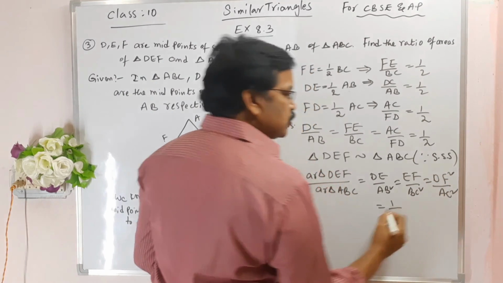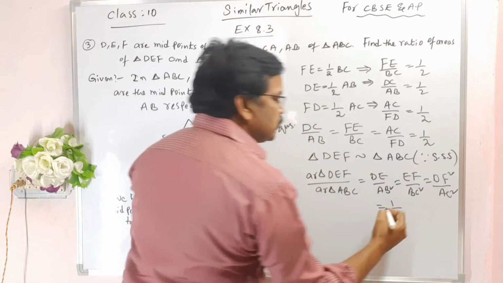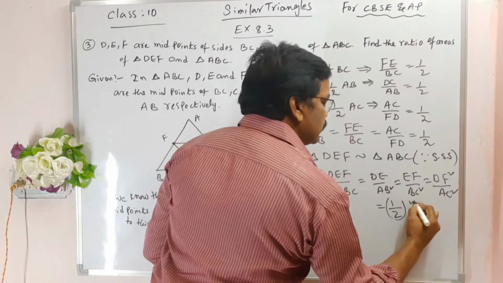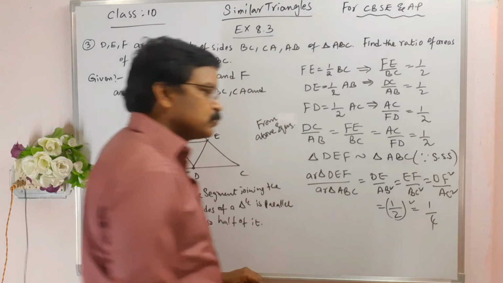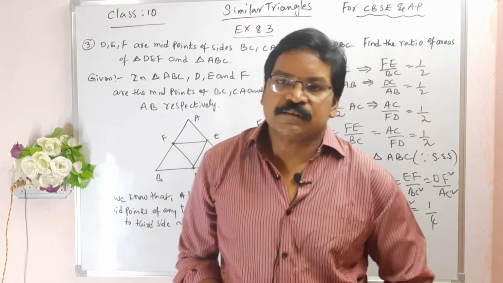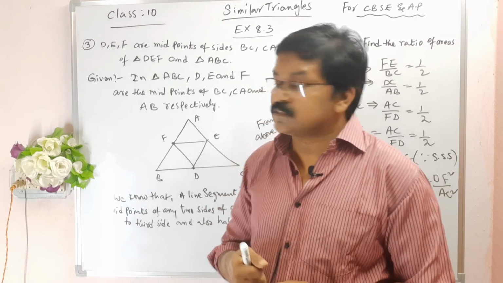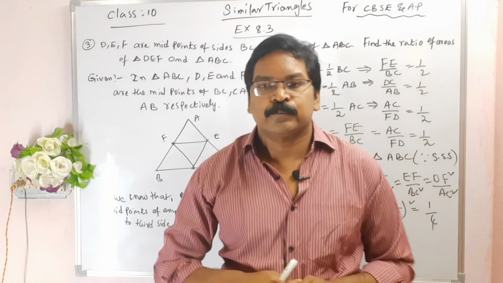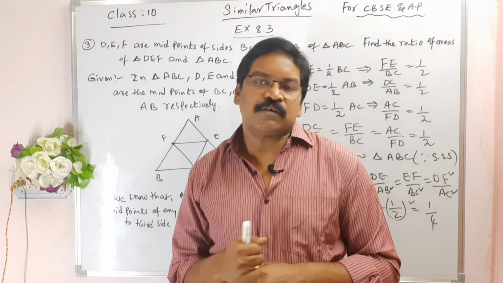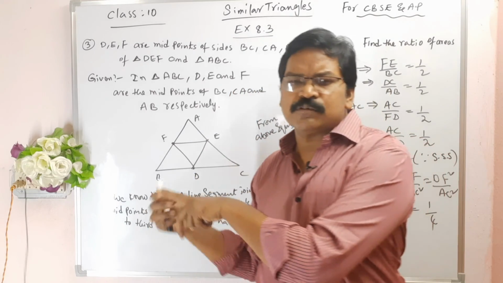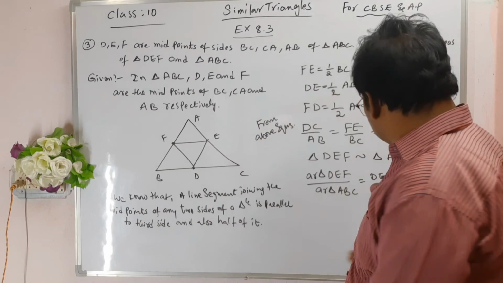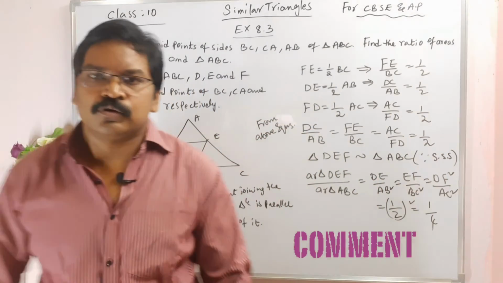That is 1 by 2 whole square, which is 1 by 4. That means the triangle formed by the midpoints of the sides of a triangle and the original triangle are in the ratio of 1:4.